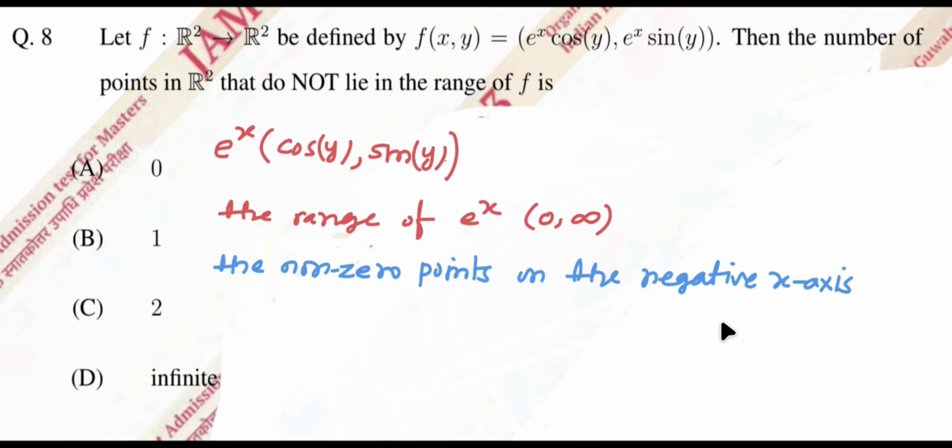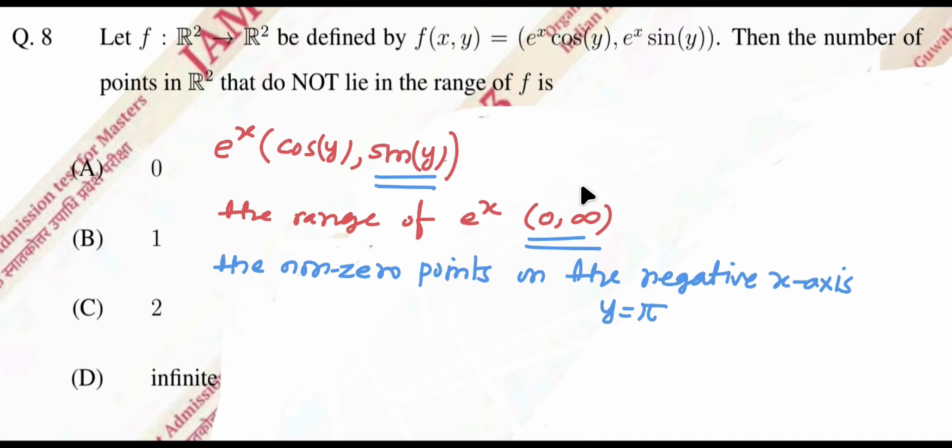Non-zero means excluding the origin. For the negative x-axis, the first coordinate should be negative and the second should be 0. So for that I take y equals pi. Then sine pi is 0, and if you multiply a finite number with 0, you get 0. So this part will be 0.